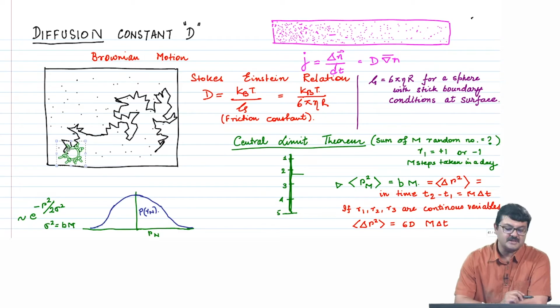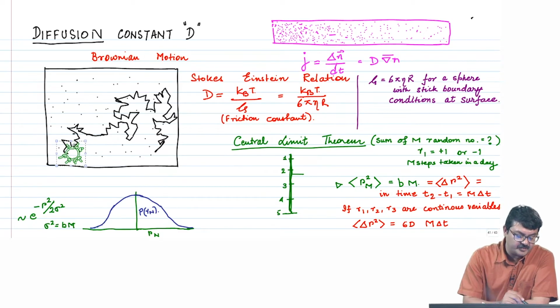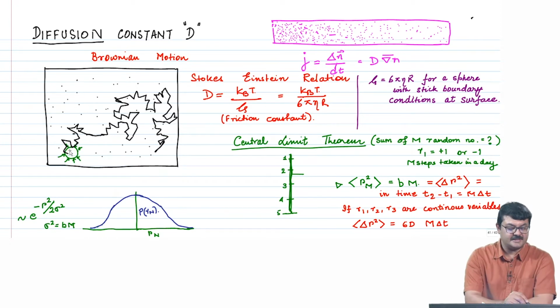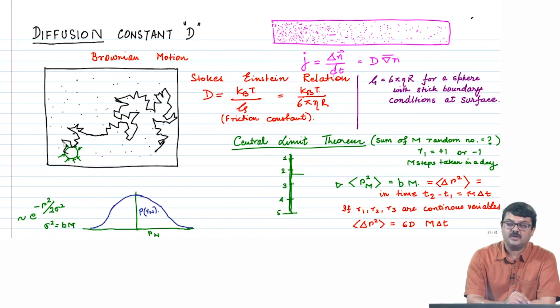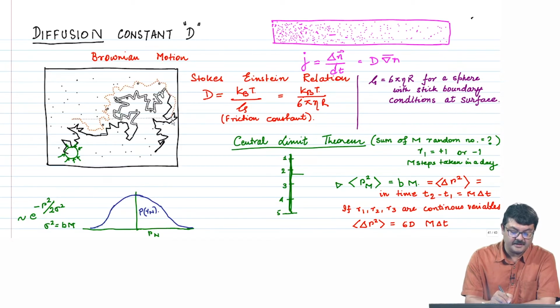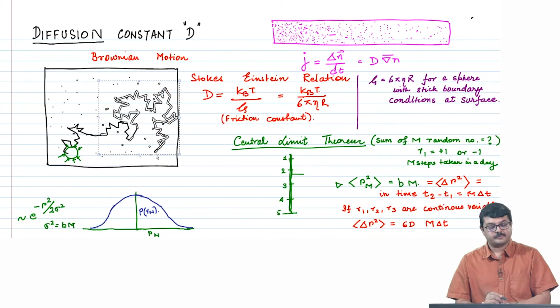As a consequence, what you are going to see is that this particle goes on doing a random walk in space. So, it is moving here and then here and then here, somewhere along this line, and so on and so forth, and after some time it lands up here, and where it will land up you can't exactly predict.